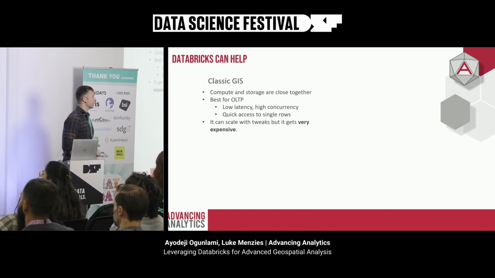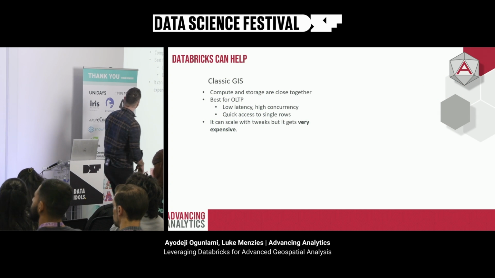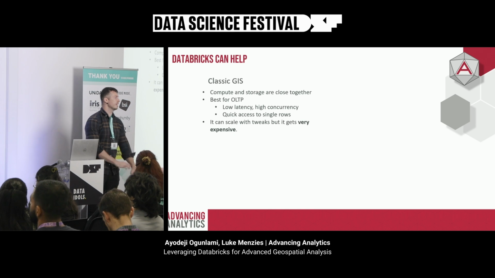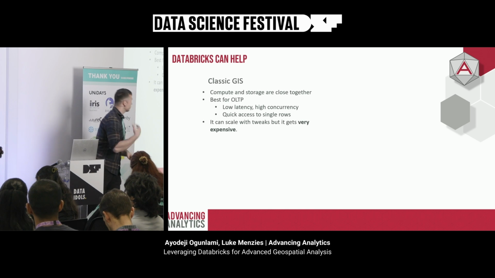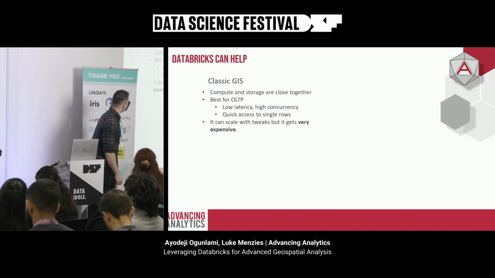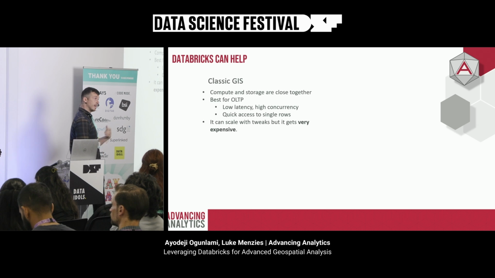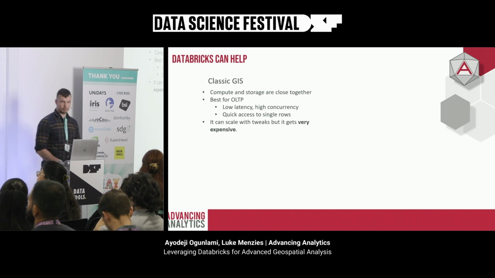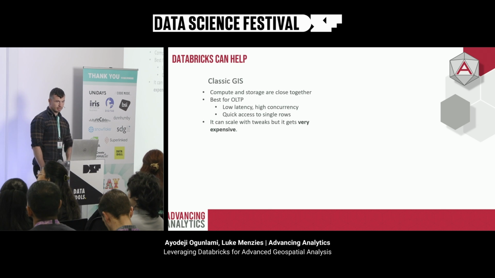So we're going to talk a little bit more about Databricks now. We're going to talk about something called Mosaic, not to be confused with the GenAI Mosaic. This is actually a geospatial library, and it uses the H3 index as well as some other tricks. I just want to talk a little bit about classic GIS.